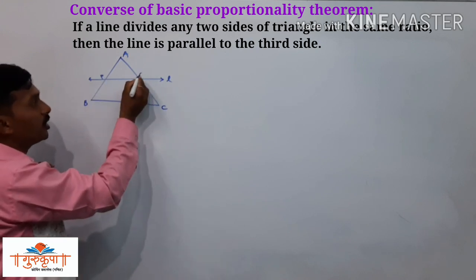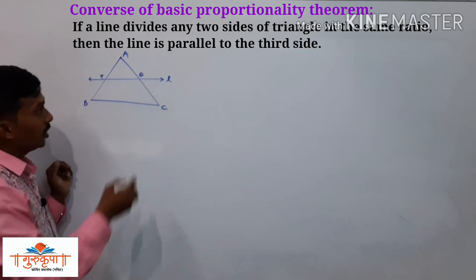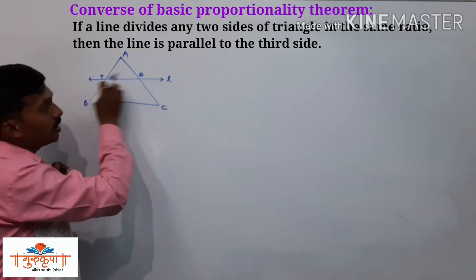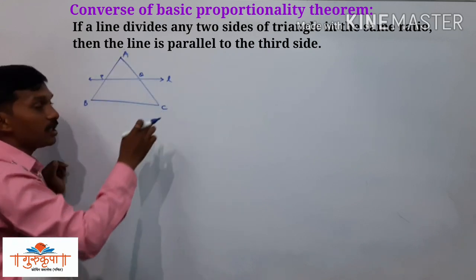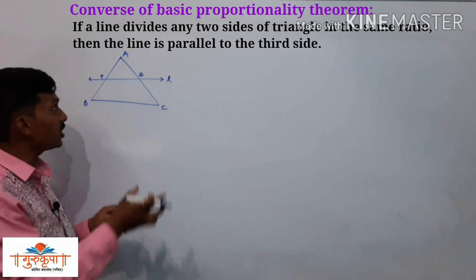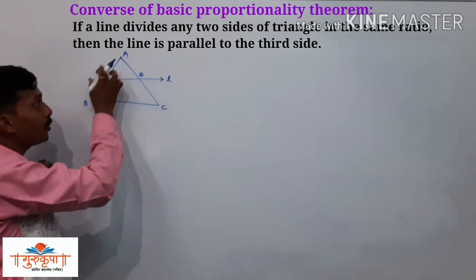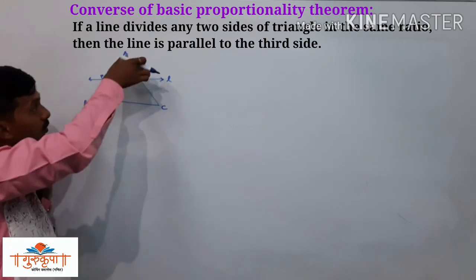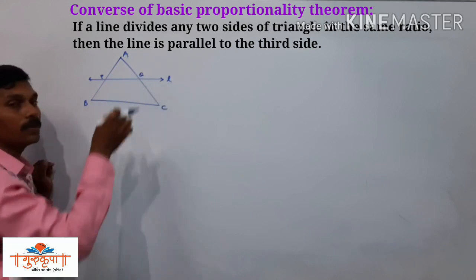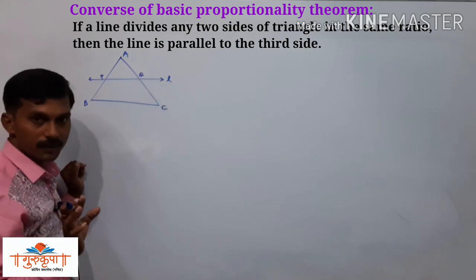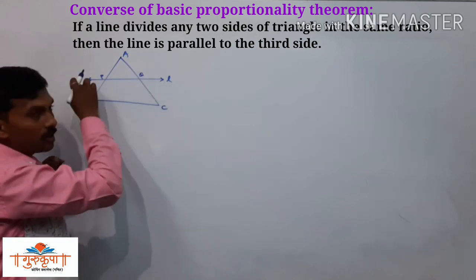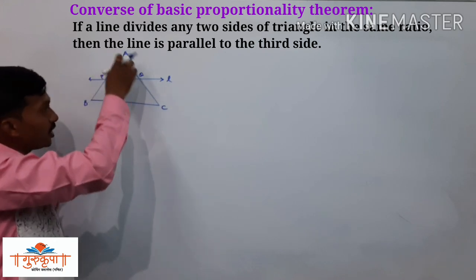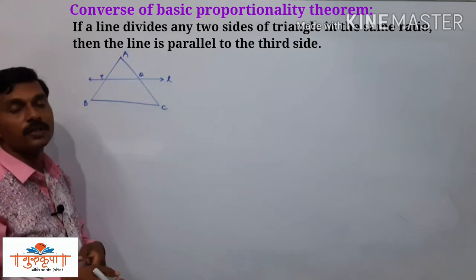We will represent the points as P and Q. It is given that this line L divides AB and AC proportionally, means the given information is AP upon PB is equal to AQ upon CQ. That is given information.